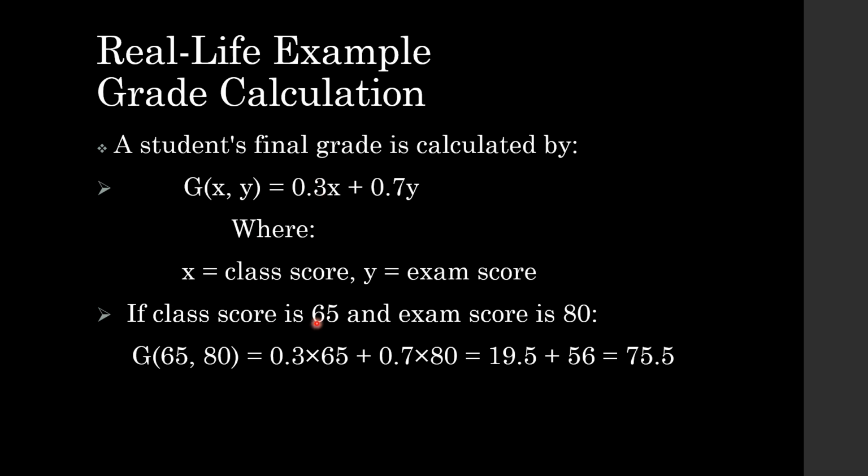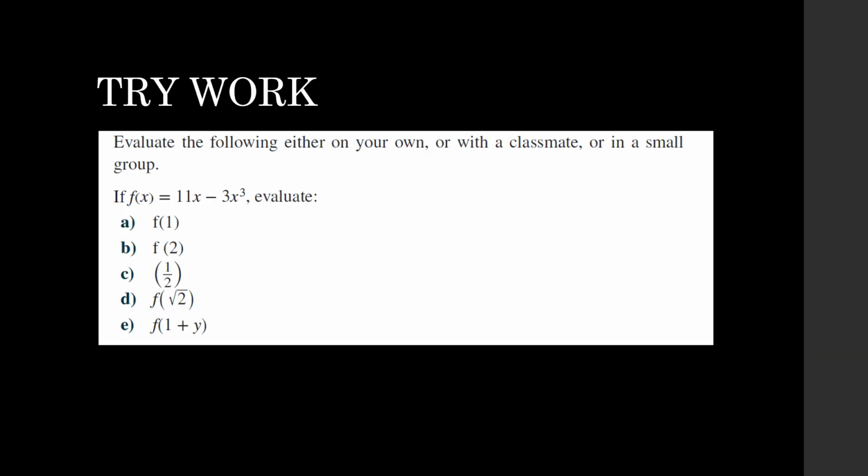So if a class score is 65 and exam score is 80, it means that any student who had a class score of 65 and exam score of 80, using the rule of this particular function, my input will be 65 and 80, and I'll end up with a respective grade value of 75.5. Then let's move to the next section.